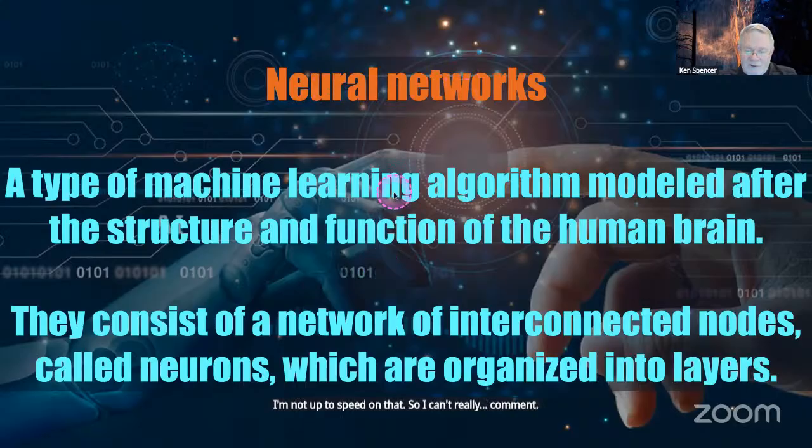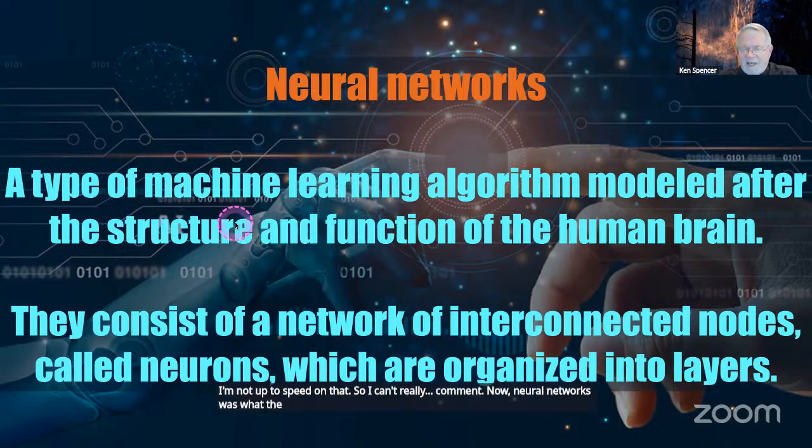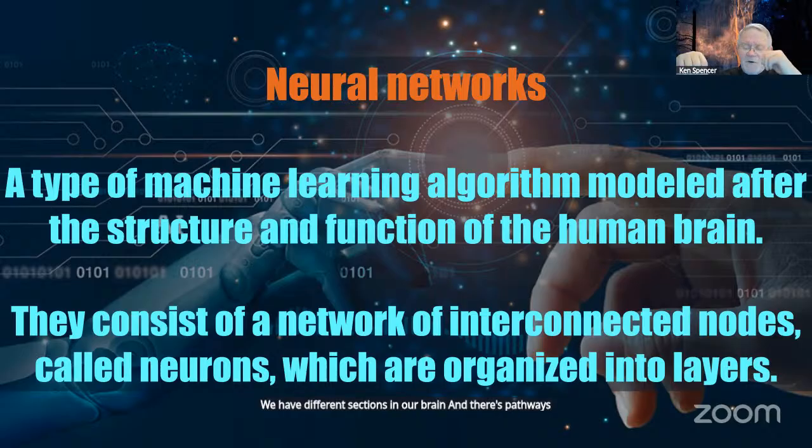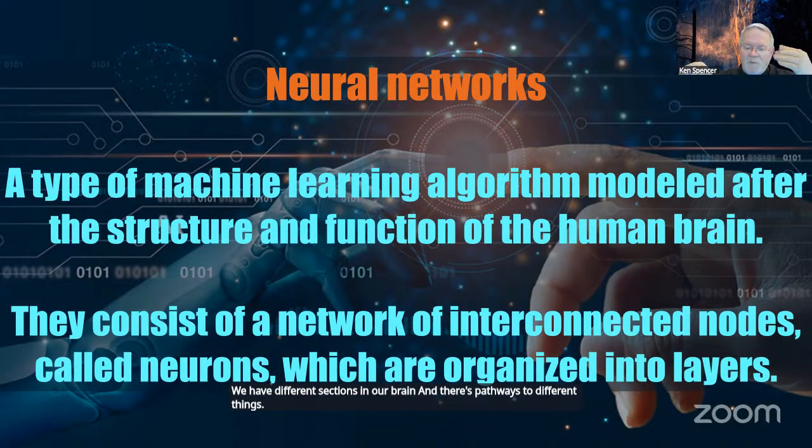Now, neural networks was what the machine learning kind of became. In other words, a neural network means it starts to use how the brain does it. We have different sections in our brain, and there's pathways to different things, memories, whether you move your right hand, your left hand, and different things.